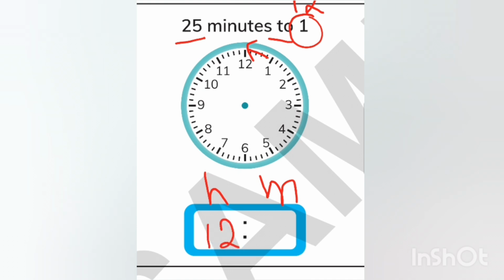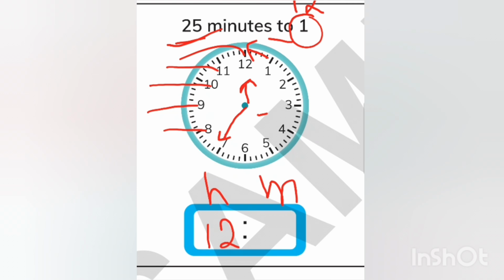And how many minutes are remaining? 25 are remaining. So it means the small needle will be towards 12 and the big needle will be on 7. Now you will count 5, 10, 15, 20 and 25.